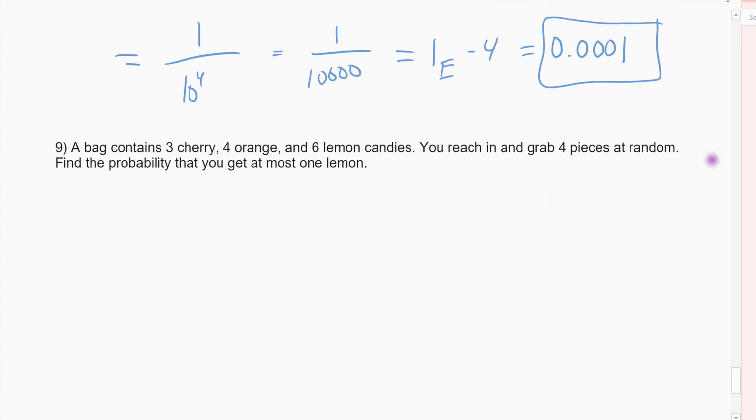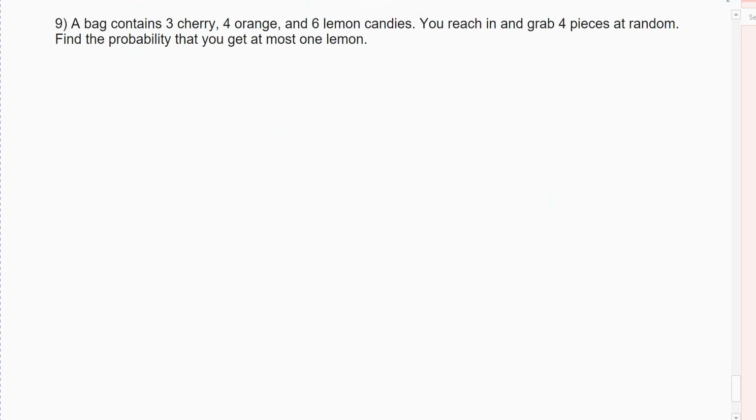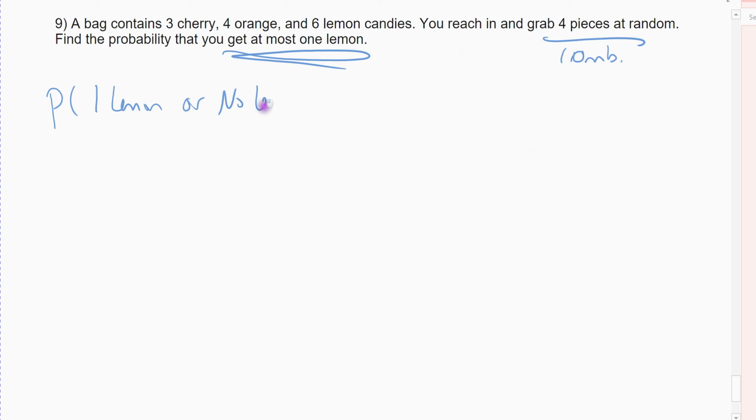Alright, next example is another marble example, because I think it's good practice to do marbles, since students tend to struggle with these. And it's an at most case. So you reach in, you grab 4 pieces at random. 4 pieces at random still means a handful, so it is a combinations case, and I'm picking 4. At most 1 lemon, so that's 1 or fewer, so I get 1 lemon or no lemons.